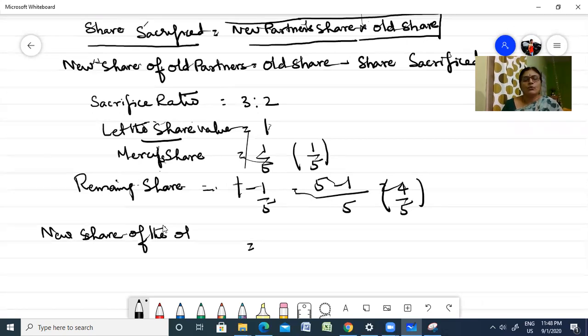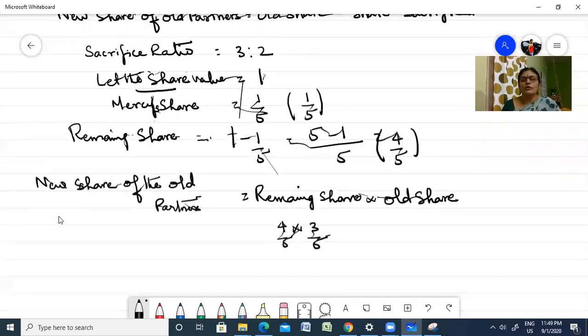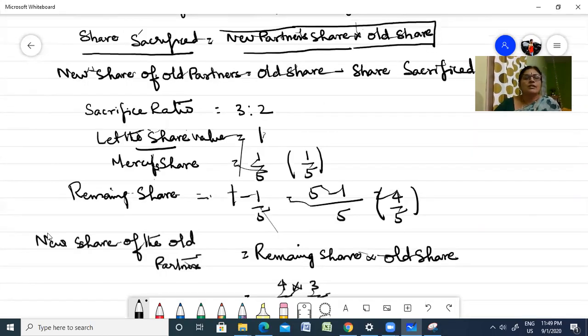New share of the old partner is equal to remaining share into old share. What is the remaining share? 4 by 5. Into old share. What is the old share? 3 by 5 is the old share of the first partner, Mala.